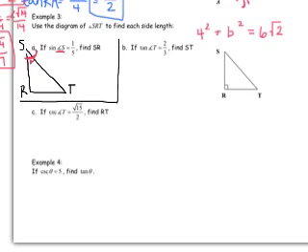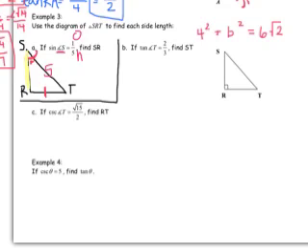So if I know that sine of S is 1/5, keep in mind sine of an angle is equal to opposite over hypotenuse. So that means that 1 is the opposite and 5 is the hypotenuse. And I want to find SR. So if I want to find this length, I have to do Pythagorean theorem.